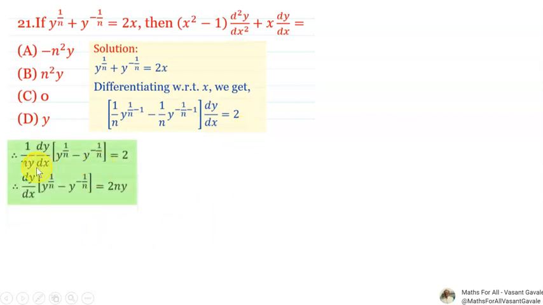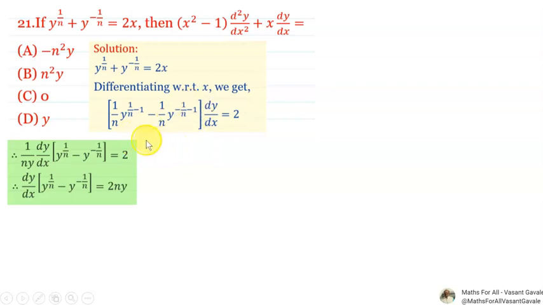Next, normal simplification here, but this simplification is also important. Y raised to 1 upon n minus 1 means what? Y raised to 1 upon n and y raised to minus y. So minus y in the denominator line will become plus. Similarly on this side, minus 1 upon n, y raised to minus 1 upon n, y raised to minus 1 in the denominator line will become plus.